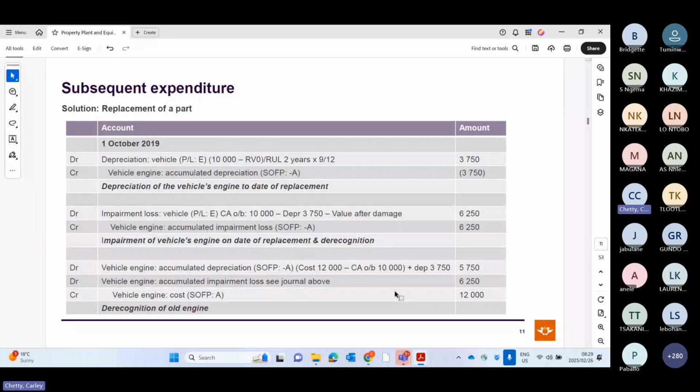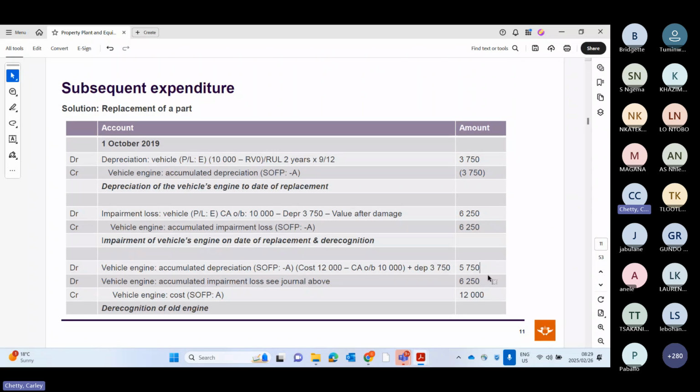So we depreciated the asset for 3,750. So here we are adding the 2,000 Rand depreciation from prior years, and the current year depreciation of 3,750. And that will give us total accumulated depreciation of 5,750. We are removing that from the records, okay?